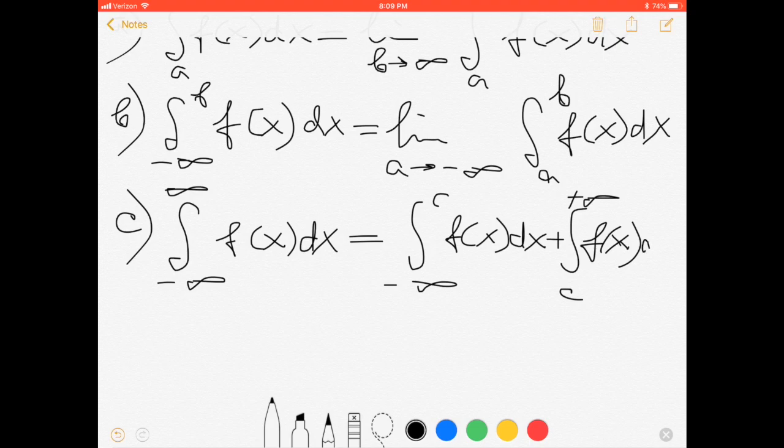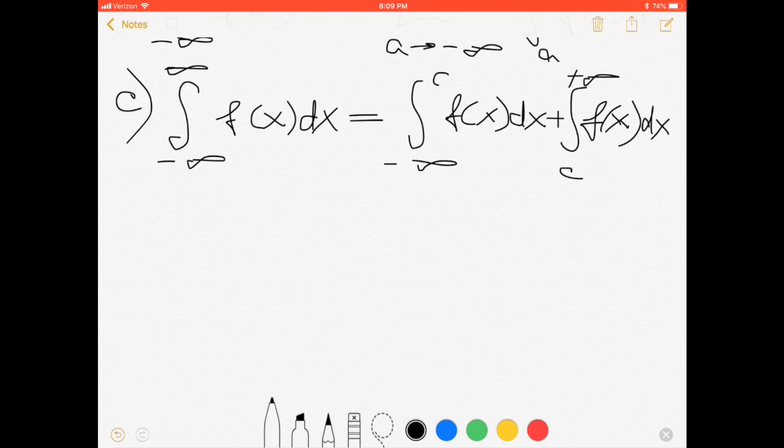How do we work with each? This integral, we know if we use definitions a and b. Okay, looking at some examples. Example 1.